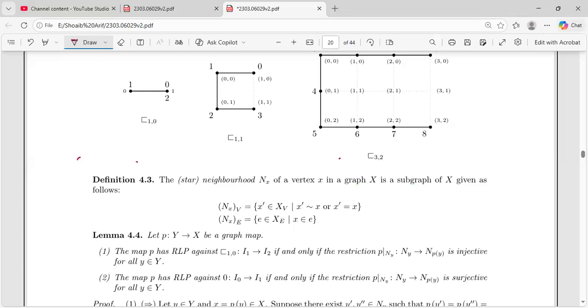We have the definition of the star neighborhood N(x). What is N(x)?